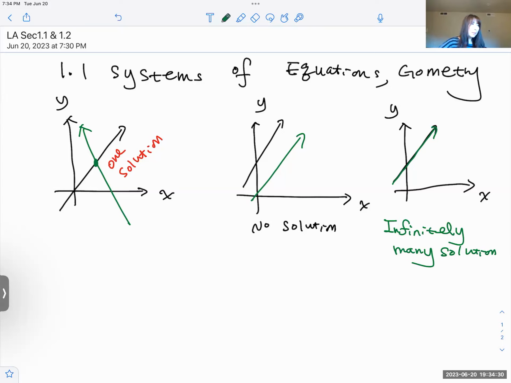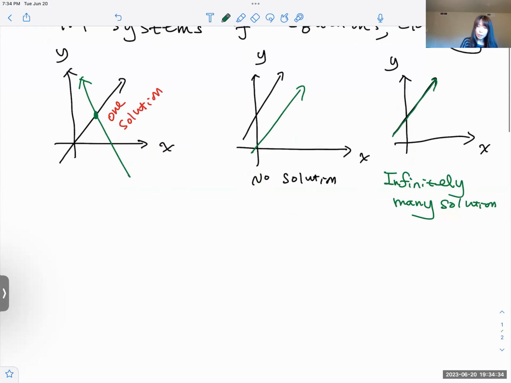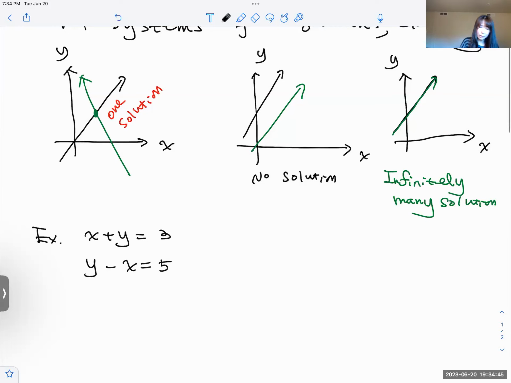Okay, let's talk about this then. So we have x plus y equal to 3 and y minus x equal to 5.